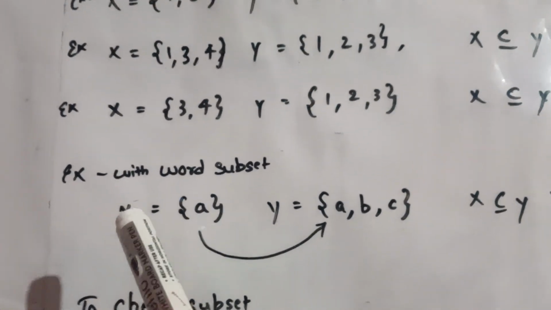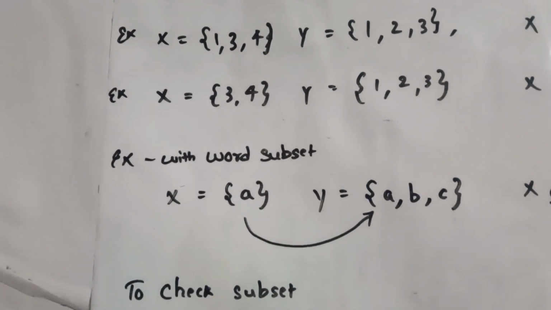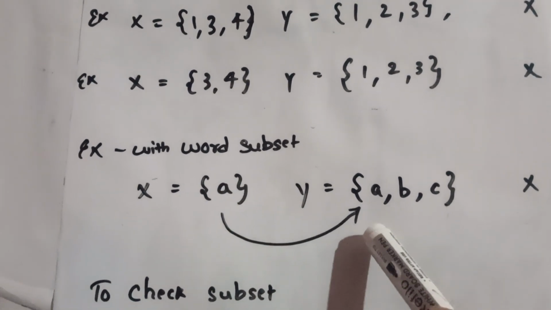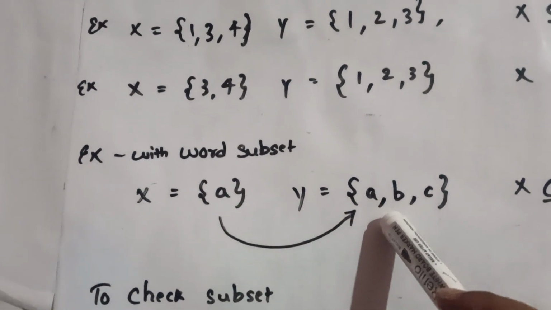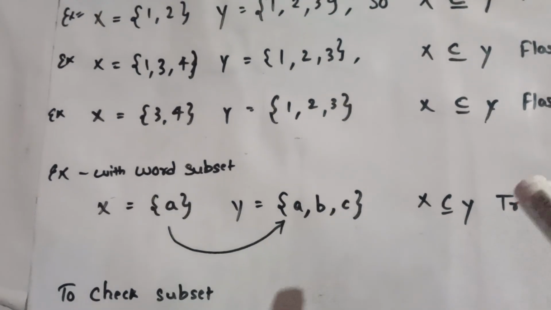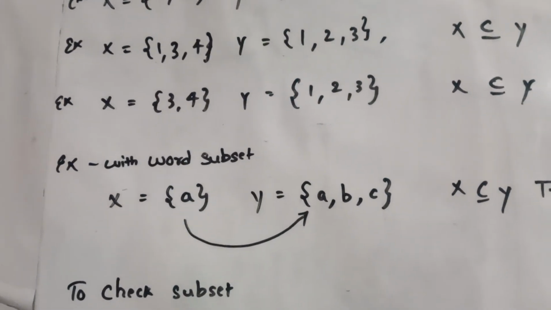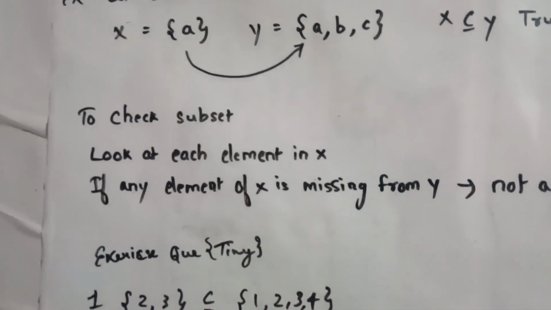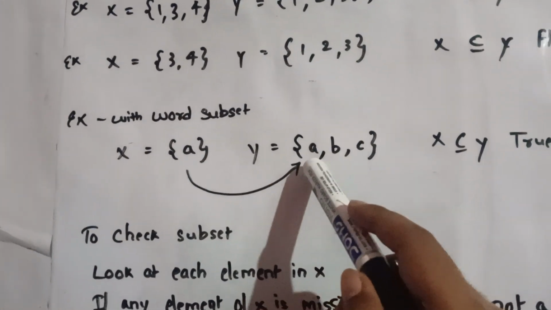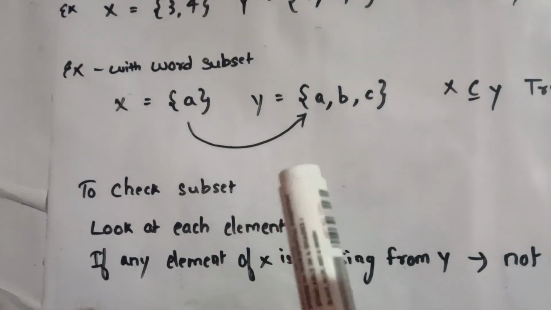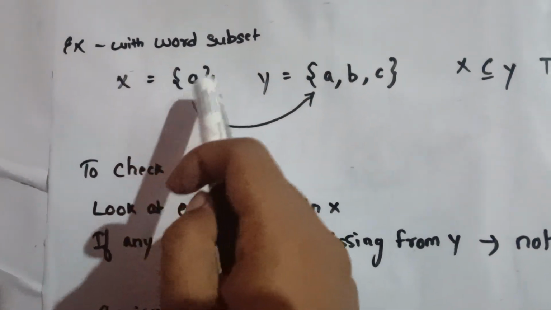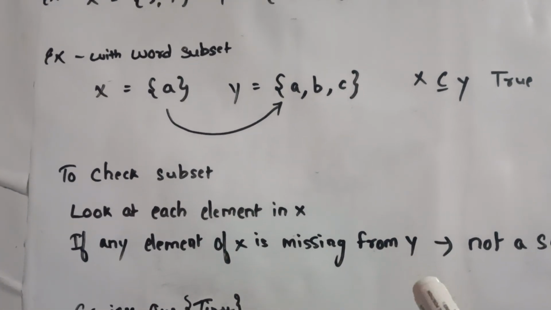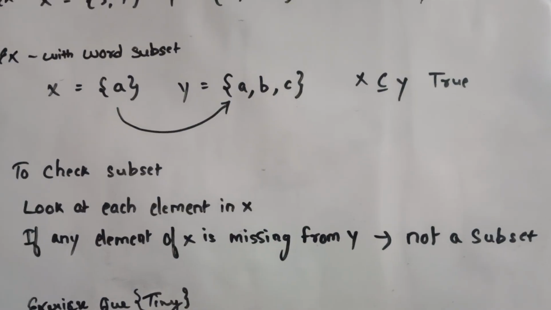Again, one more example with letters. X has a subset A and Y has that element A, so it's a subset of Y. To check a subset, look at the elements, which are A, B, C. Look at the elements of X. If any element of X is missing from Y, then it's not a subset.